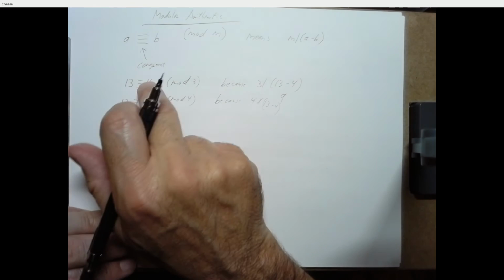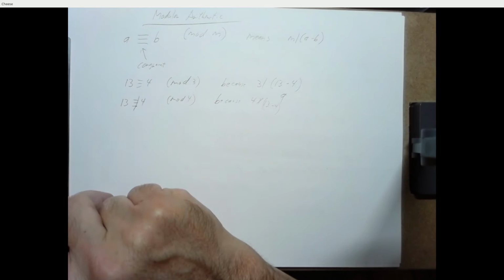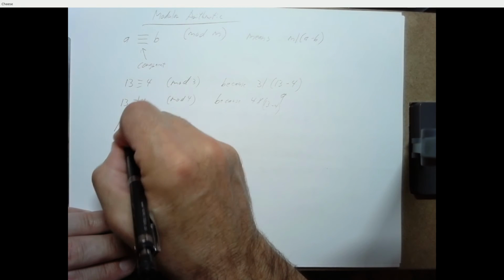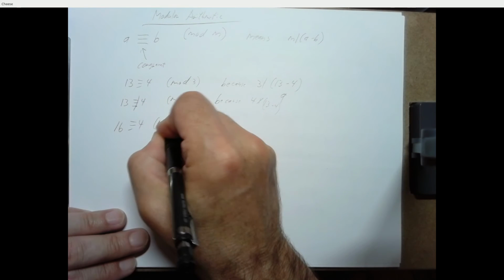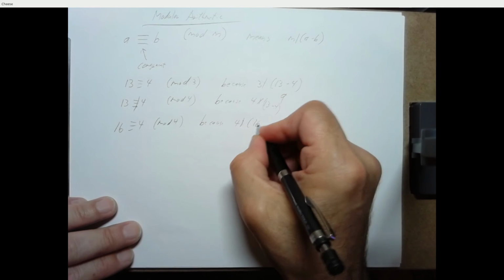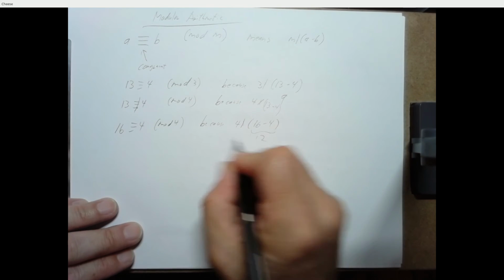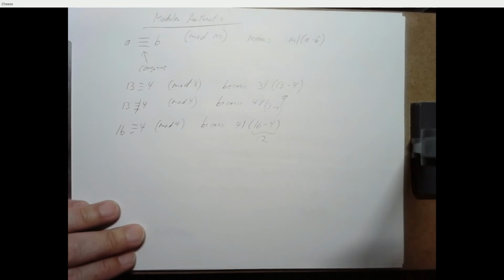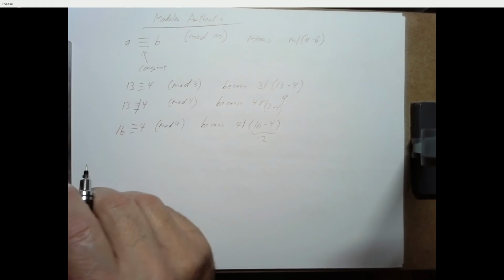Okay, so we're going to work with this property a lot, this idea of modular arithmetic. 13 is congruent to 4 mod 3, 13 is not congruent to 4 mod 4. 16, on the other hand, is congruent to 4 mod 4 because 4 divides 16 minus 4. 16 minus 4 is 12, and 4 divides 12. Okay, so it may not be clear why we're doing this, but I want you to be clear what the definition of congruence is.